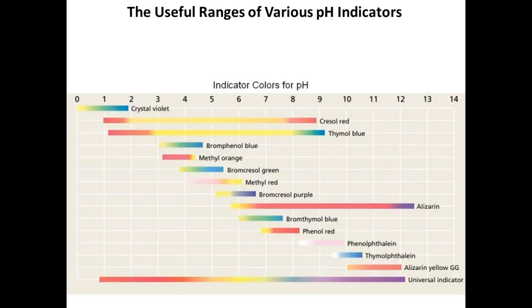So this brings us to some of the questions you guys have in your unknown report. So when you do these comparisons for phenol red, I think it's 6.8. Yeah, that it goes yellow.